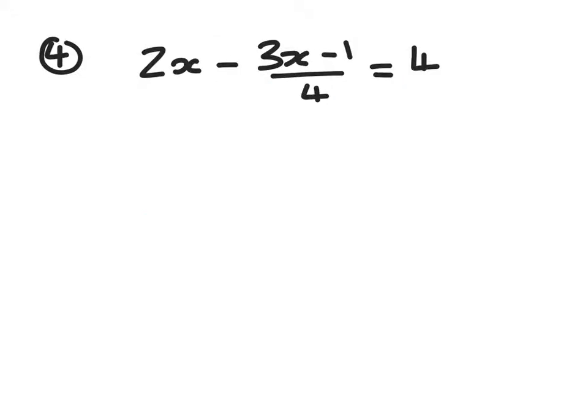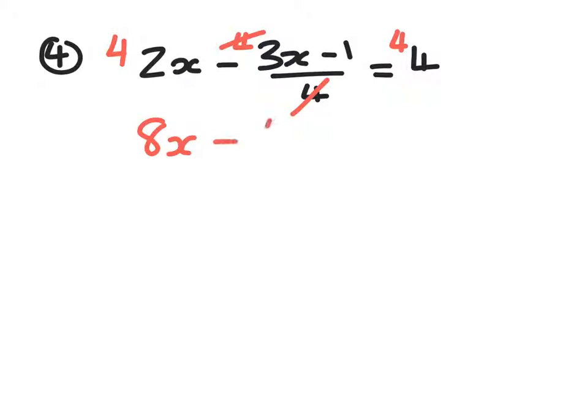Question 4, now this was a disaster in the homework. Fractional equations, the number on the bottom is a 4, so that means that we need to multiply everything by a 4. So put little 4s here. Now 4 times 2x gives us 8x. This 4 and this 4 cancel.